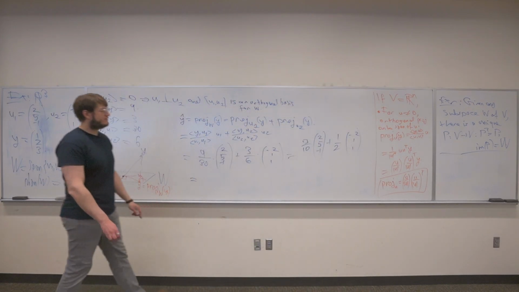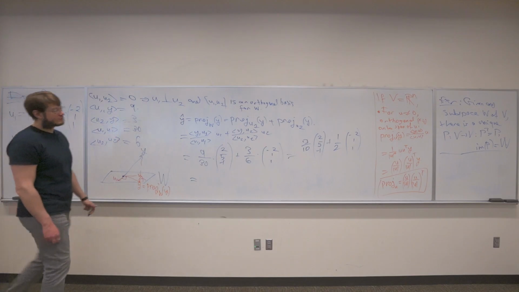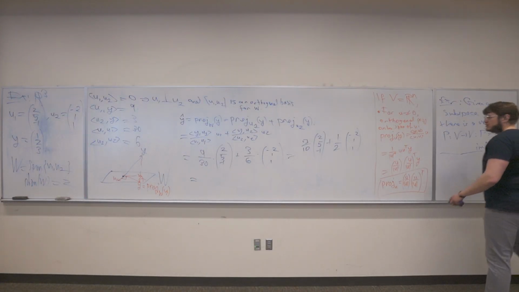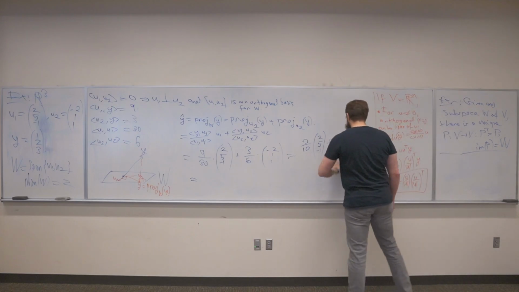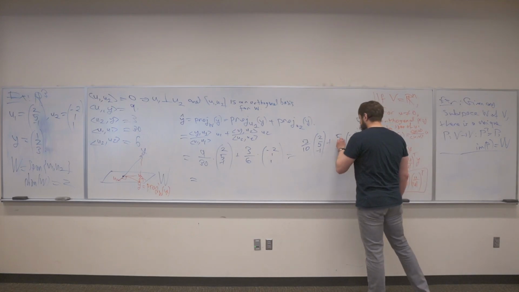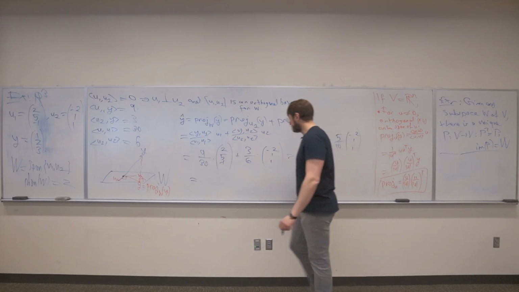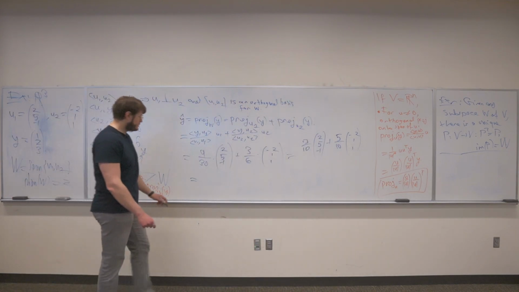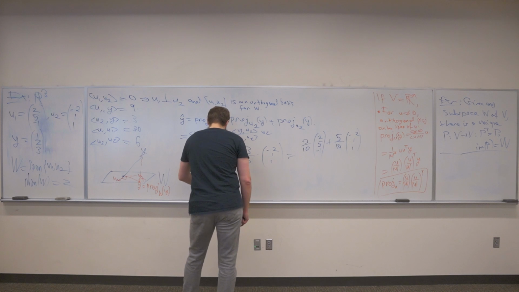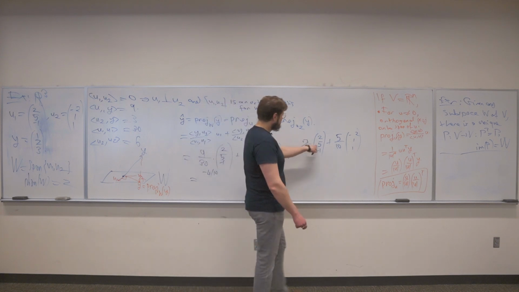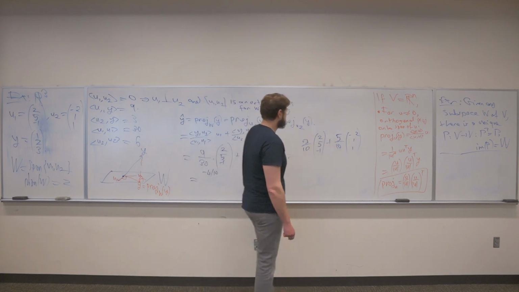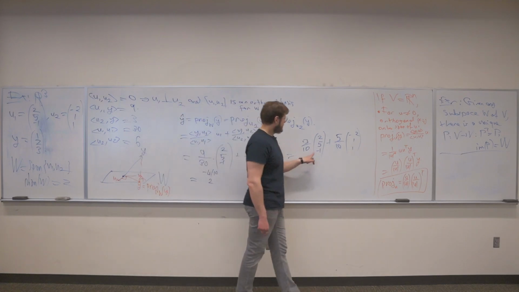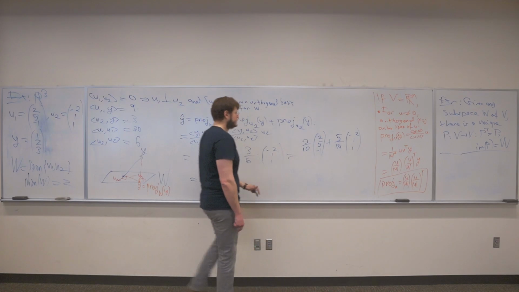Consolidating these terms, I have 6 over 10, or before consolidating, it's probably better to turn this 1 over 2 into a 5 over 10. Okay, now things are going to get nicer. So 6 minus 10 is minus 4 over 10. 15 plus 5 is 20 over 10, so that's 2. Minus 3 plus 5 is 2 over 10.